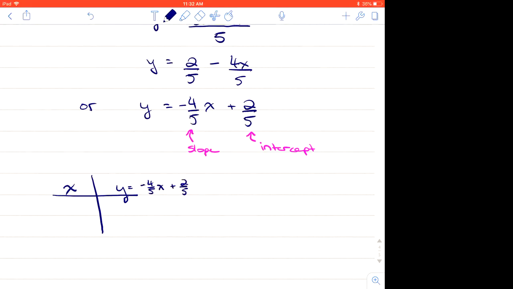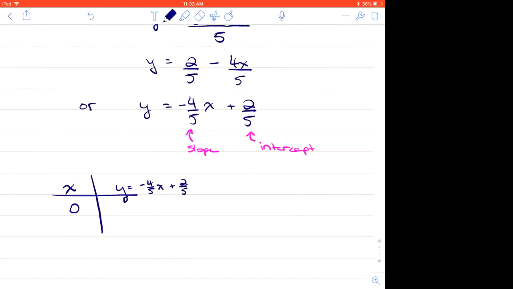Unless you have repeating decimals or anything like that, then you want to keep the fraction. Or how about this trick? We pick values of x that make the fractions go away. Let's stick to our default though.